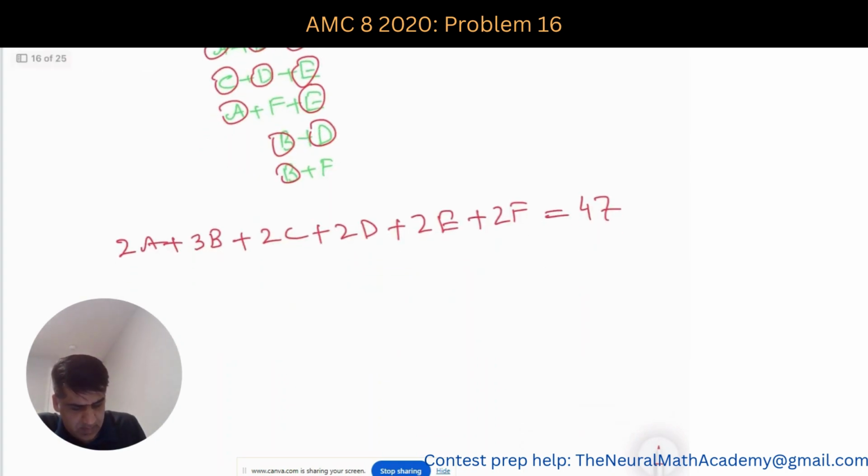And now if I see, other than B's, the rest are all alphabets that appear twice in this sum. So I can rearrange this equation like this.